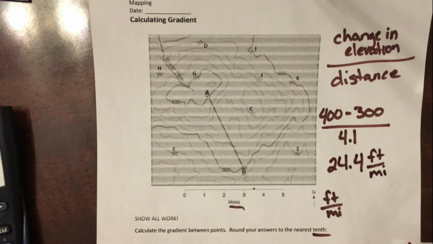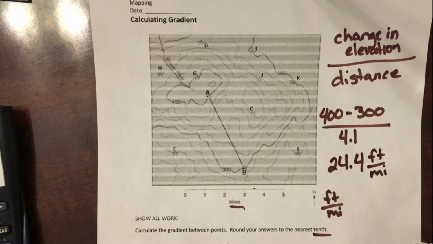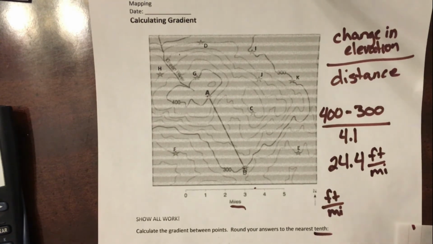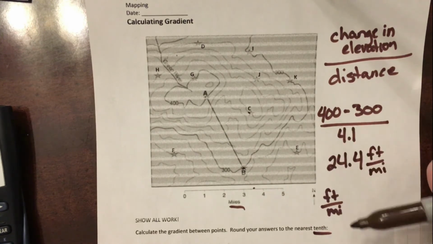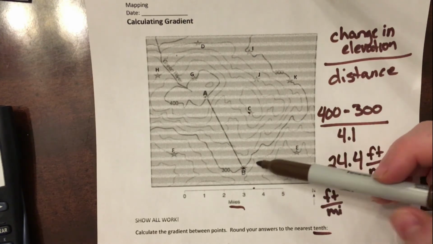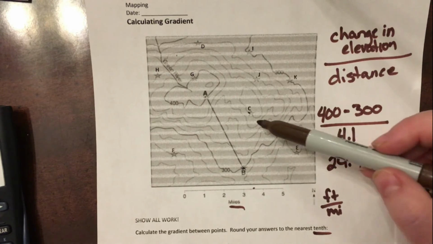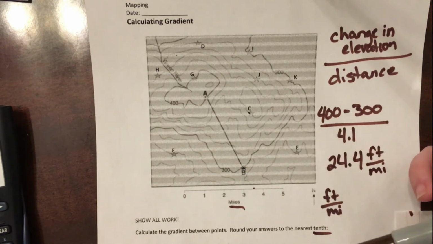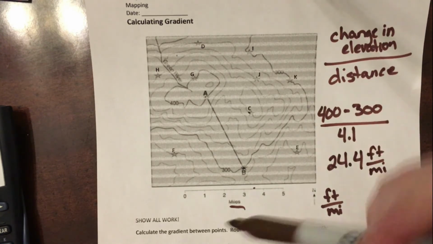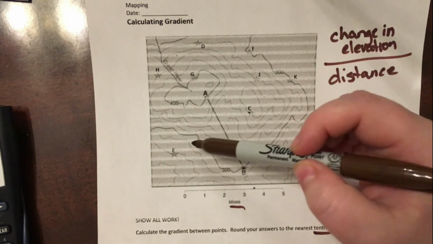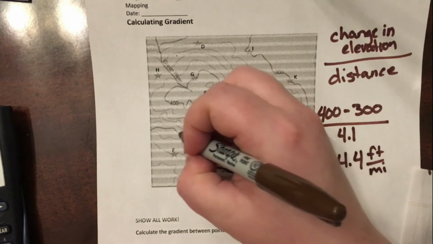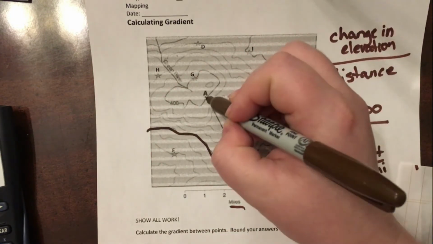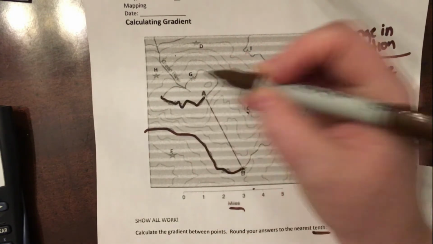And we can do this between any 2 points. So if we wanted to find the gradient between B and C, C is not on a labeled line, which means we need to figure out what the contour interval is so that we get to determine what the elevation of C is. So to determine the contour interval, we know that this dark line here, which goes all the way over to here, is 300, and that this one is 400.